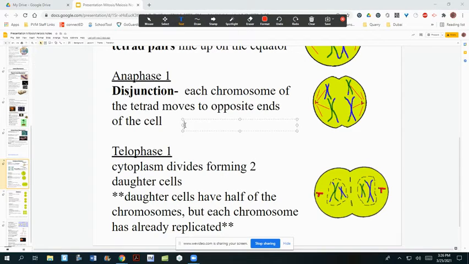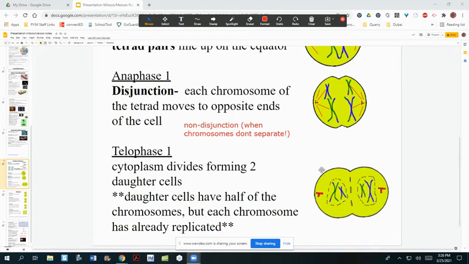All right, so non-disjunction is when chromosomes don't separate. And that can lead to Down syndrome. There are lots of genetic conditions that result from non-disjunction, but Down syndrome is just one that you're probably more familiar with.